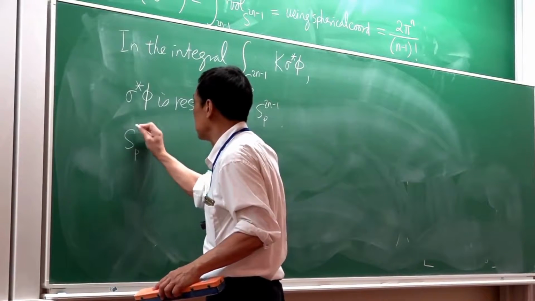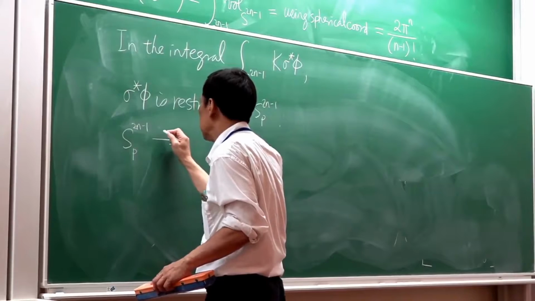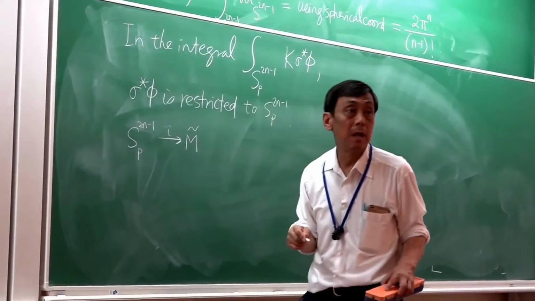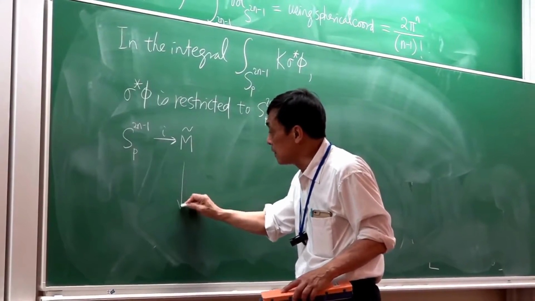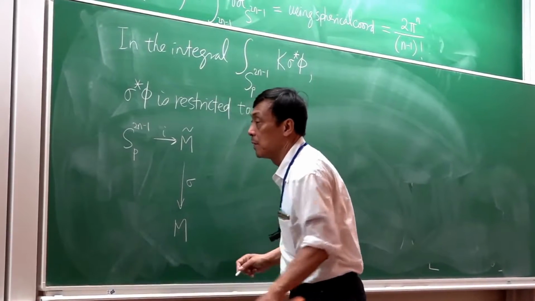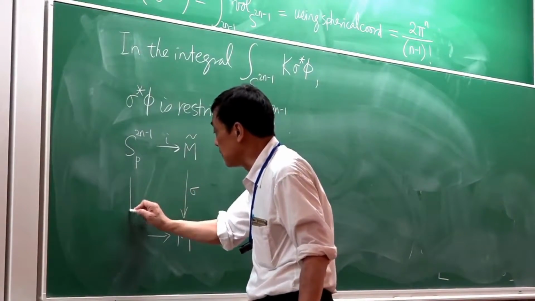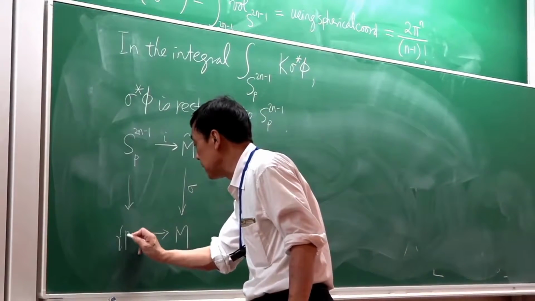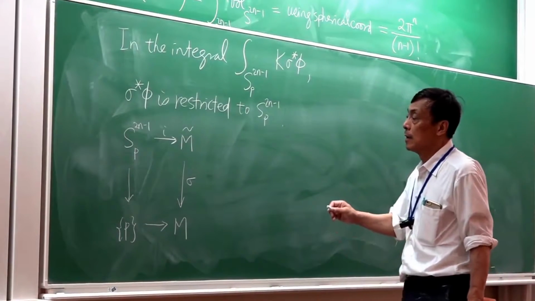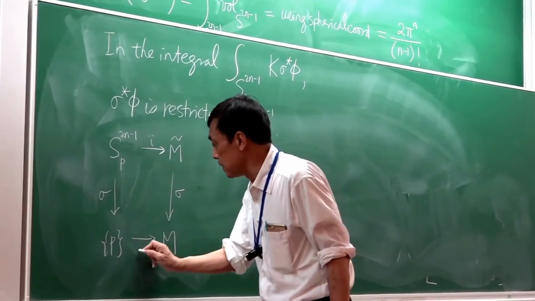So you have the sphere that's included in M tilde, and then you have the blow-up map, sigma. And the sphere maps to the single point P. So you have this commutative diagram.